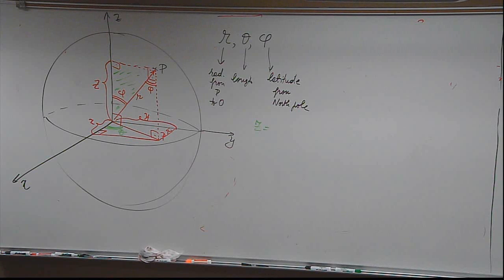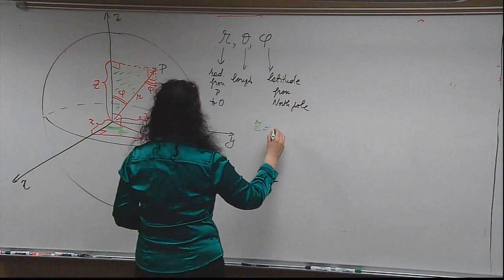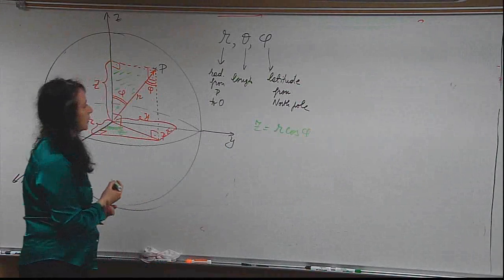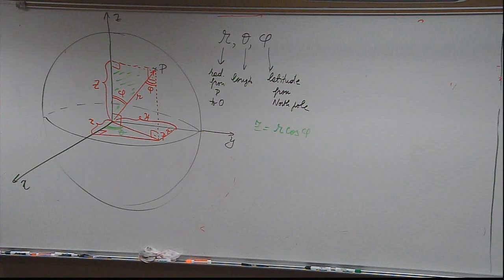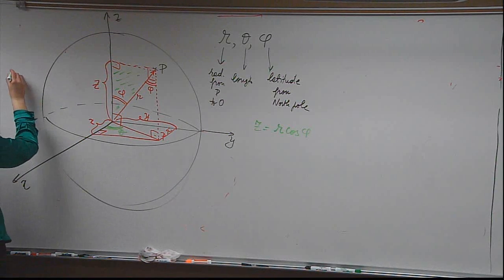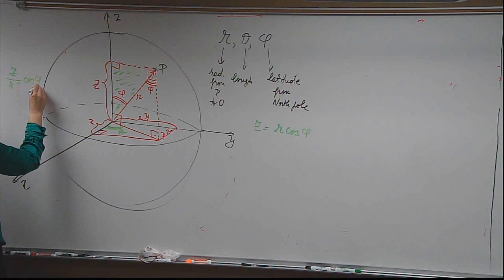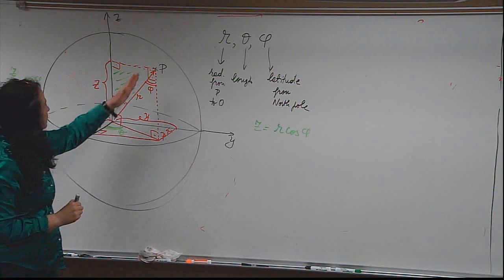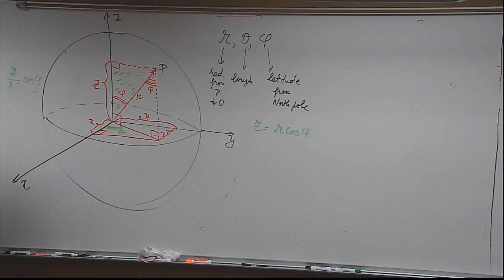Z is R cosine phi. Why is that? Because I take z over R, and that's cosine phi, the adjacent over the hypotenuse. All right, that was easy, but the problem is, how do I get to x and y?